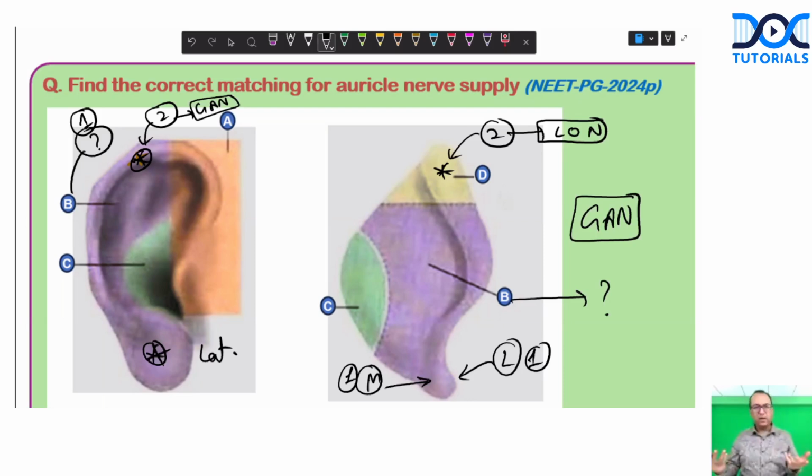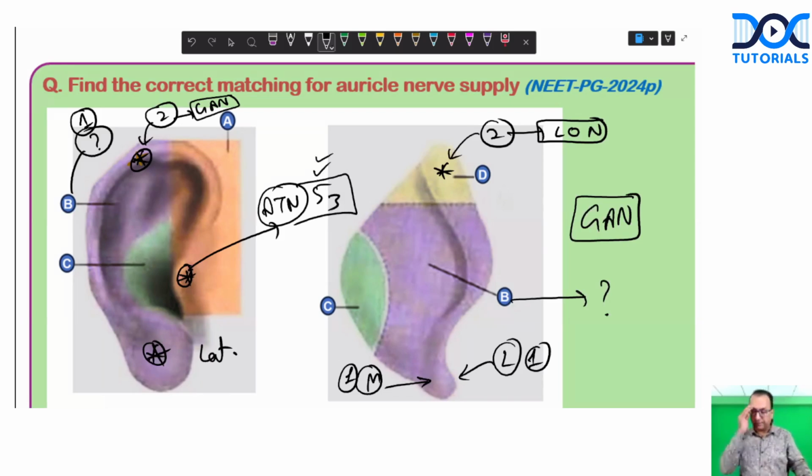And what if I have a puncture in my tragus? I'm a fan of somebody and I'm having ear piercing in the tragus also. Now if you are having ear piercing in the tragus, which is here, there is a nerve which supplies this part and this part also. This is the anterior ear, A for A, auriculotemporal nerve, which is a branch of the mandibular division of the trigeminal.